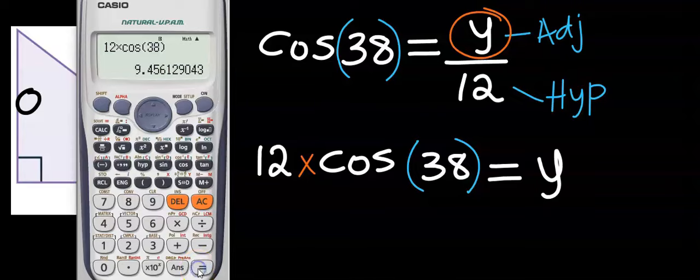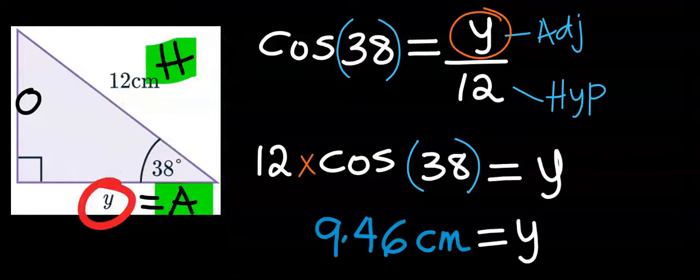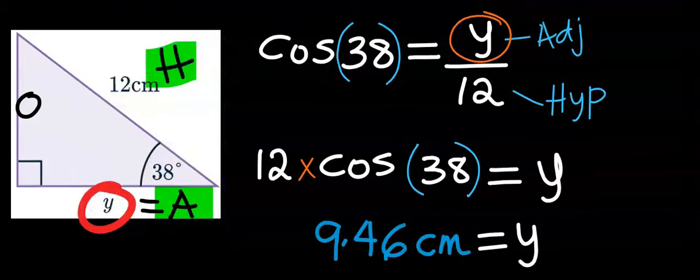Then we're going to have 9.46 centimeters, which is the adjacent. And this is when you have a given side, a given angle, and one side missing.